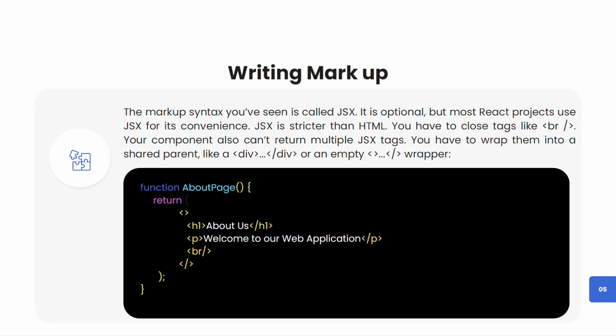Now, markup. So the syntax that we've been using all along is not really HTML, but rather JSX. So JSX is just an acronym for JavaScript XML. Okay, and then you have to remember that JSX is stricter than HTML. Now, what does this mean?